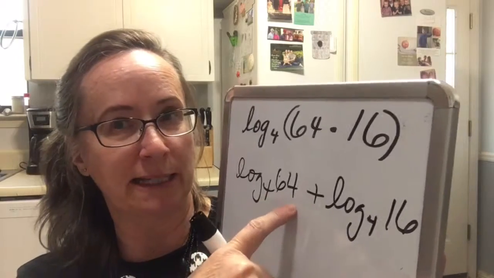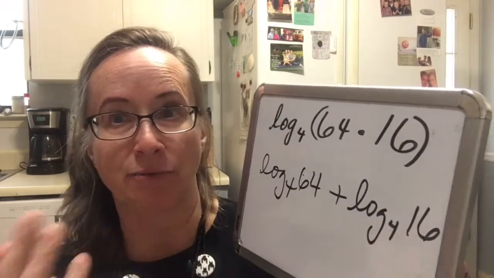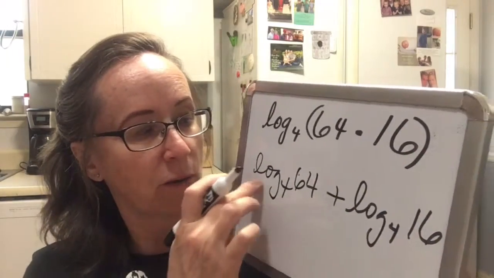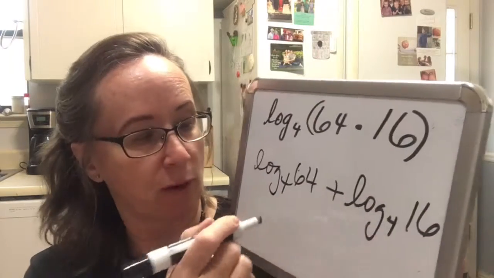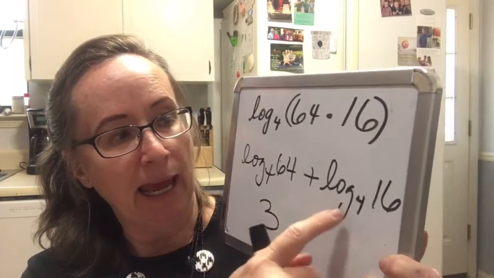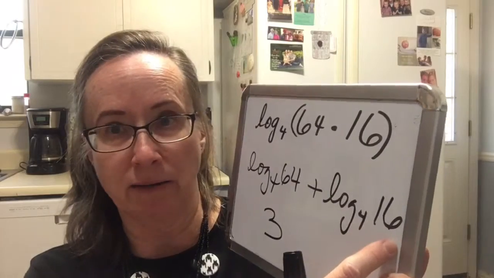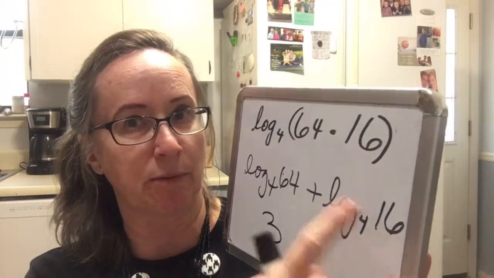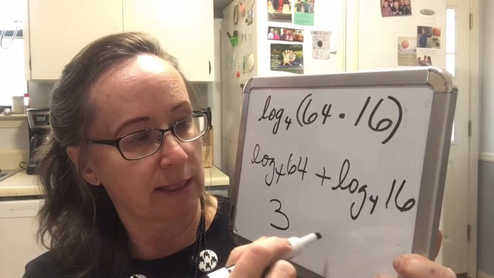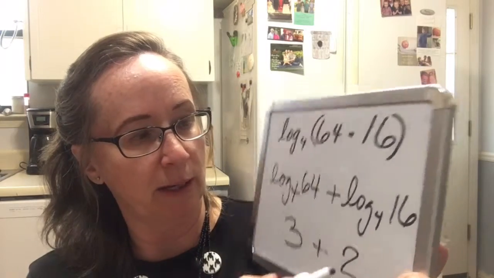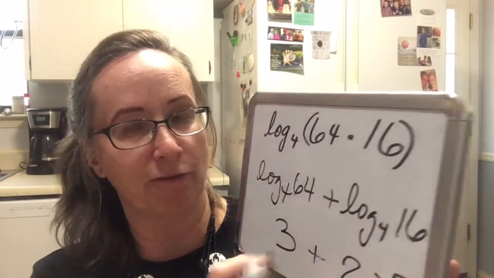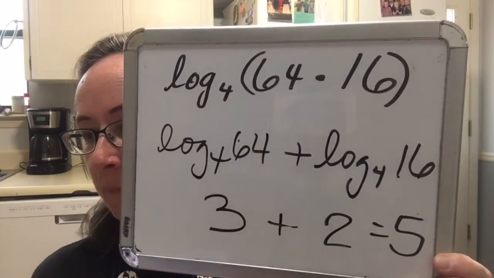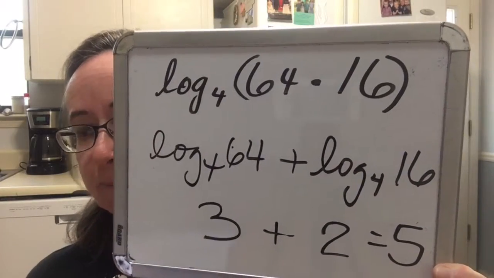So we know that 64 is 4 cubed, so log base 4 of 64 is 3, and 4 has to be squared to get a 16, so the exponent is 2. So this is a plus 2, and the answer to this one should be 5. That one was fully able to be evaluated.